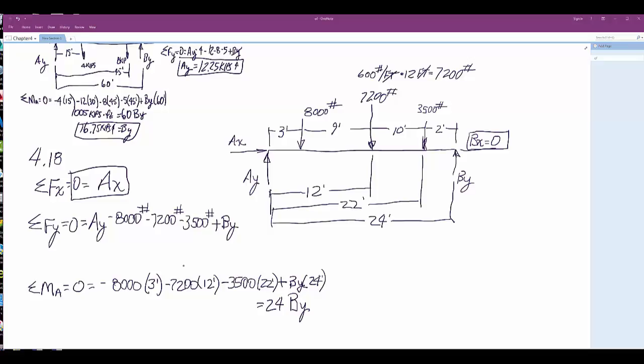So that comes out to 187,400 pound-feet, right?